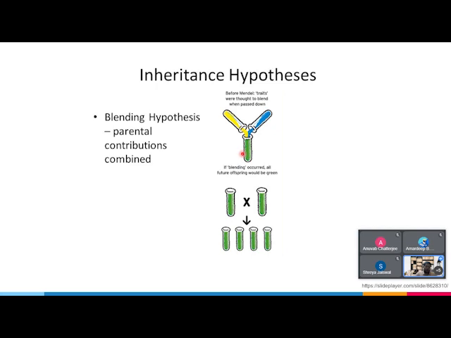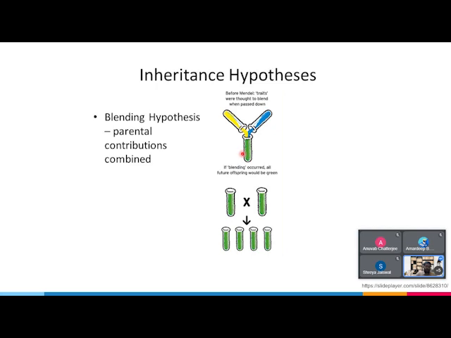Think about the homozygous dominant versus a homozygous recessive cross, and we know that in the F2 generation, the recessive phenotype comes back, which we would not be able to explain with the blending hypothesis, but with Mendel's laws. So this hypothesis was more or less moved aside when Mendel's laws were established.